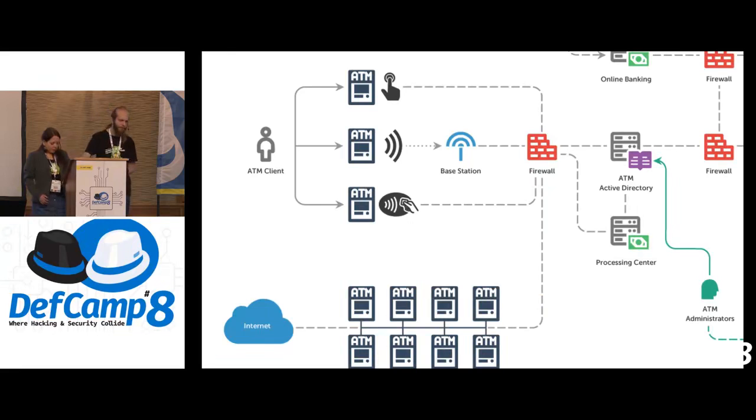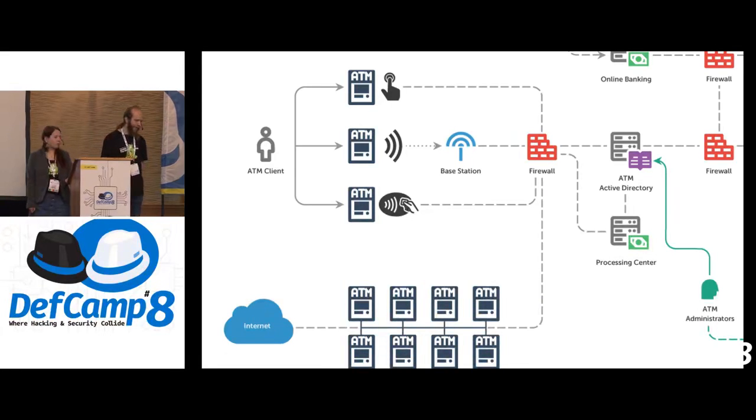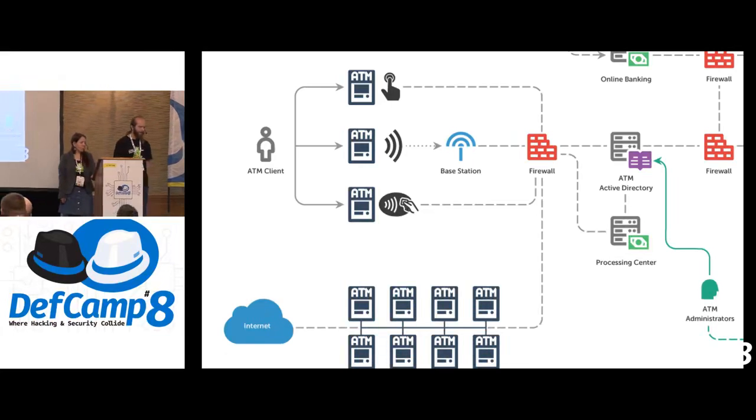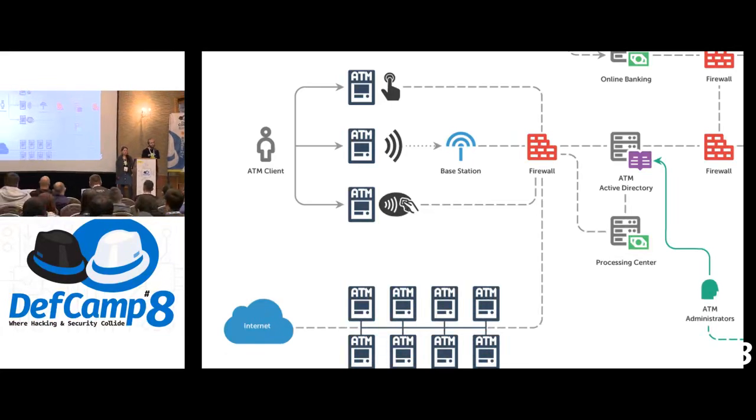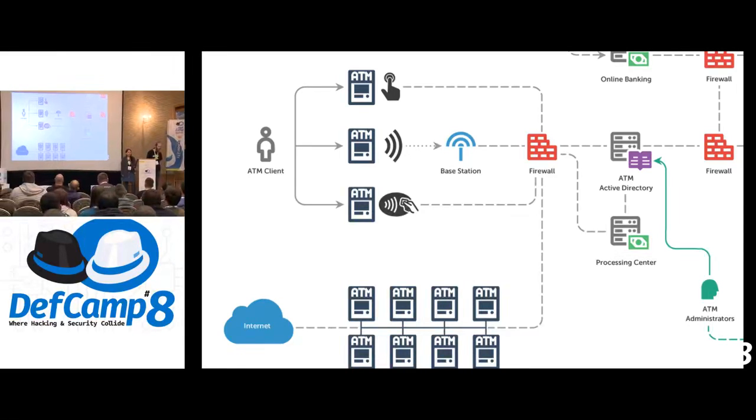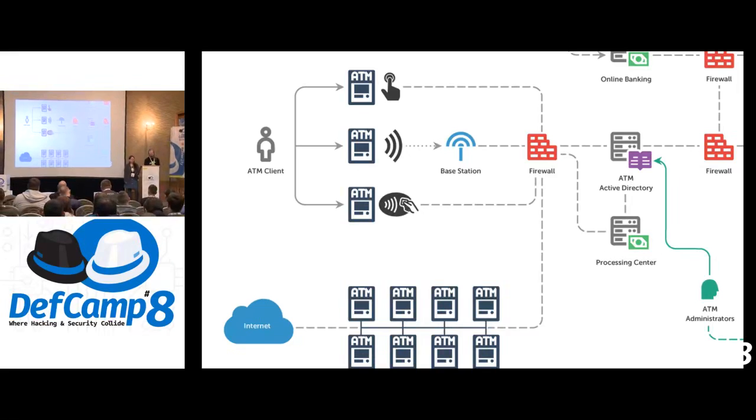But it actually is a much larger picture than just the ATM machines themselves. There are different possibilities for attackers to obtain access to ATM machines. For example, administrative accounts inside of banks. There are different online services that provide communication with banking systems.